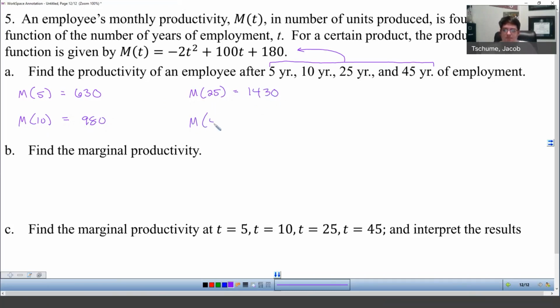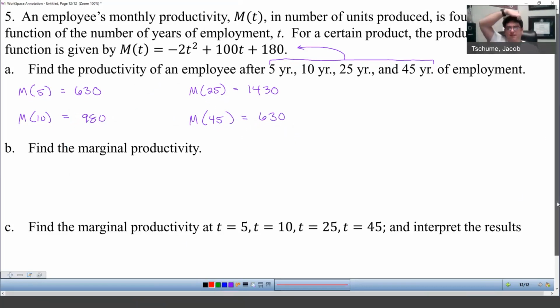And finally, if I plug 45 in, you get 630. All right, so here's just some different productivity levels as you move through your years of employment.